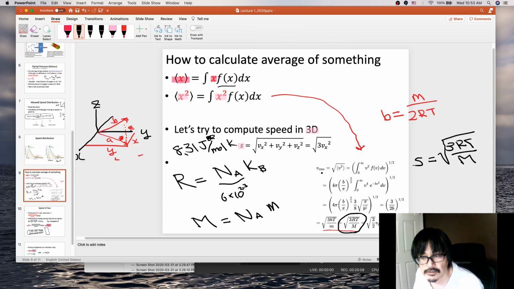The speed is actually equal to this one, so the speed squared is equal to 3vx squared, right? And each speed is given by that one, right?